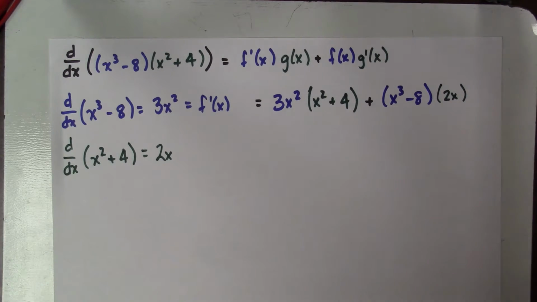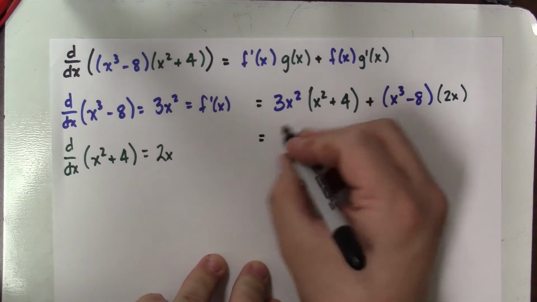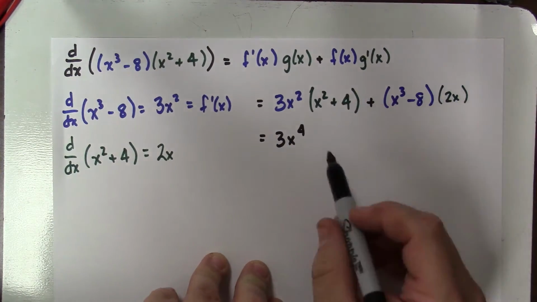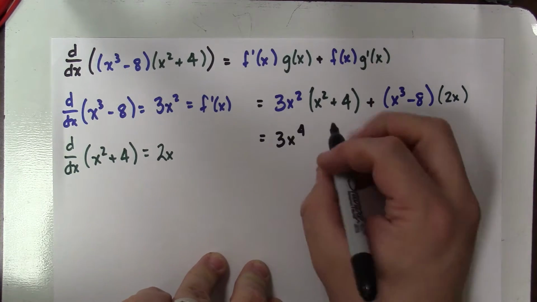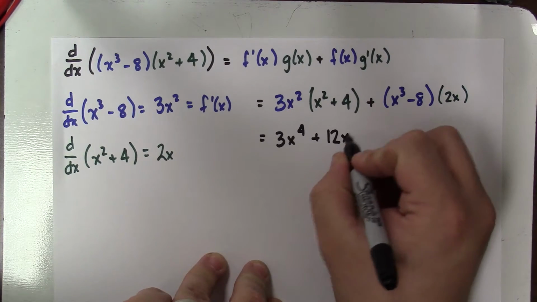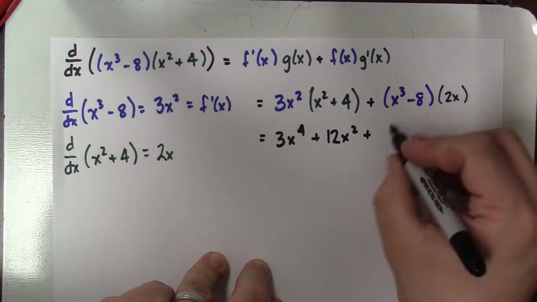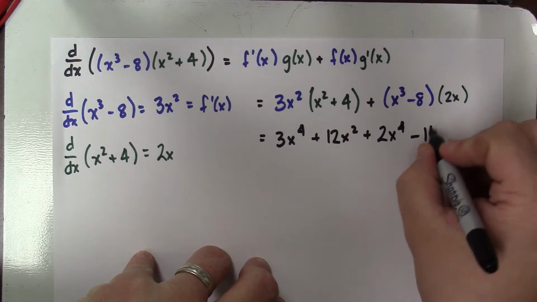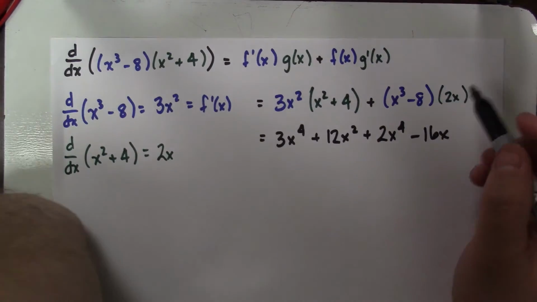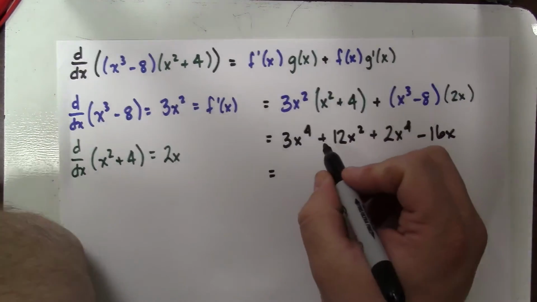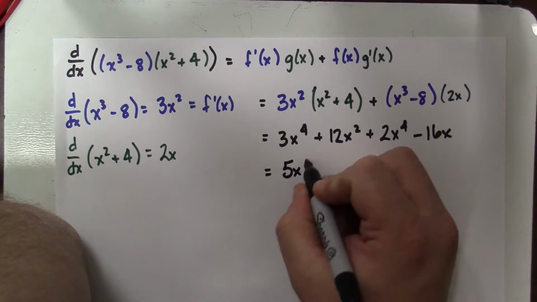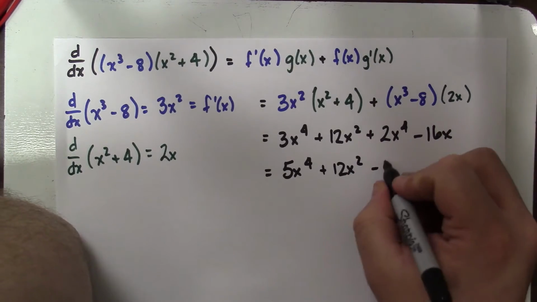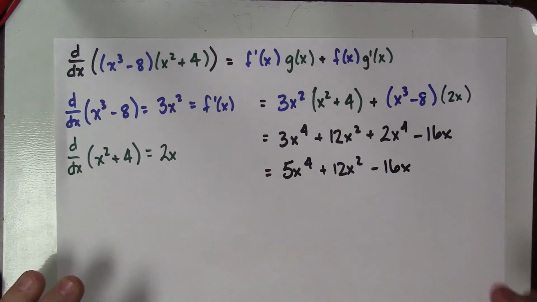So, 3x squared times x squared is 3x to the 4th, and 3x squared times 4 is 12x squared. x cubed times 2x is 2x to the 4th, minus 16x. And we can combine the x to the 4th, so I have 5x to the 4th plus 12x squared minus 16x. And at that point, I'm done.